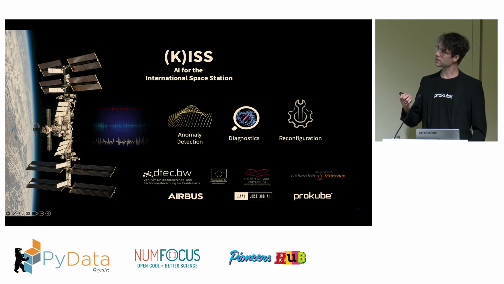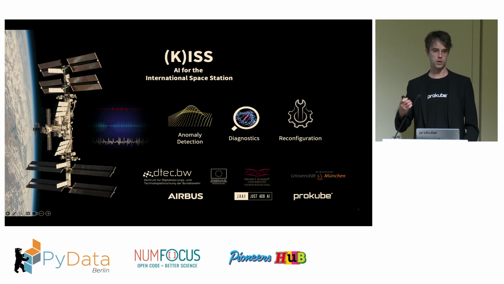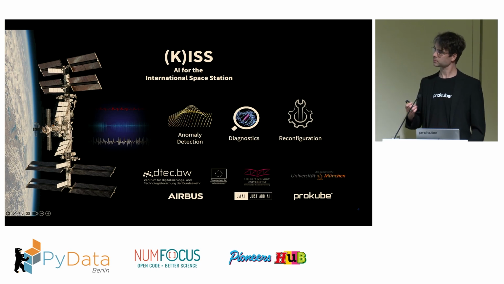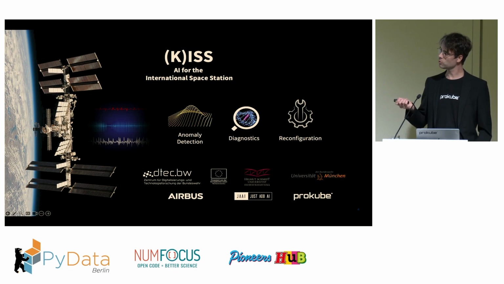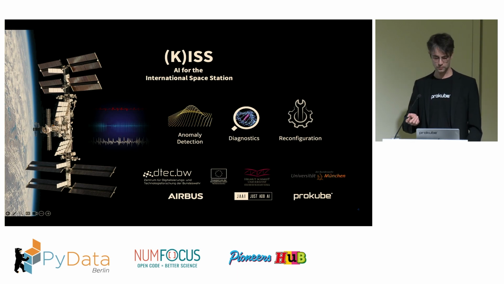And what we developed in this KISS project is a system to do anomaly detection, diagnosis, and reconfiguration for this European part of the International Space Station, especially the life support system. The project is funded by DTEC BW, the European Union, and project partners you see down here: two universities, Airbus, Just AI, and ProCube.